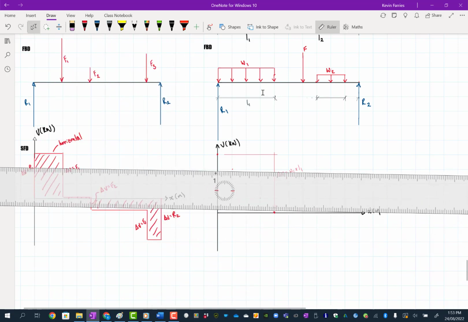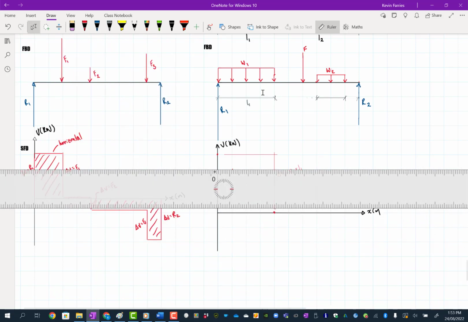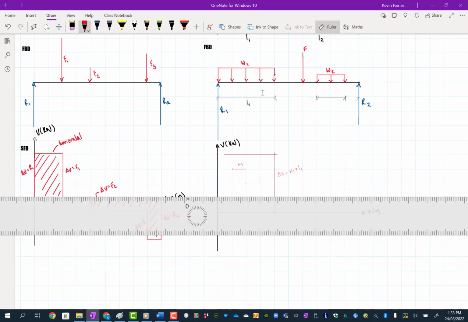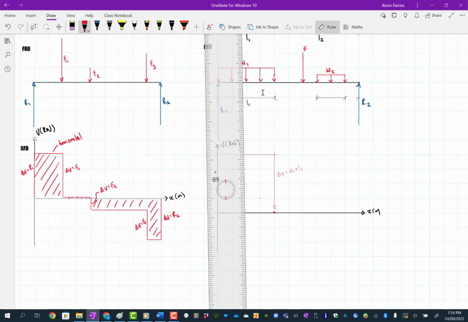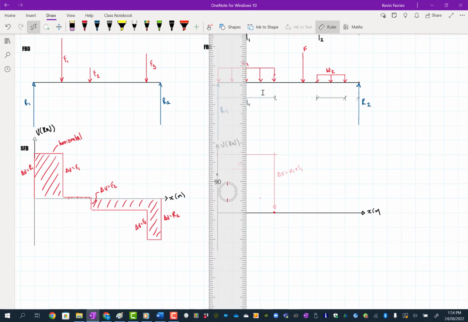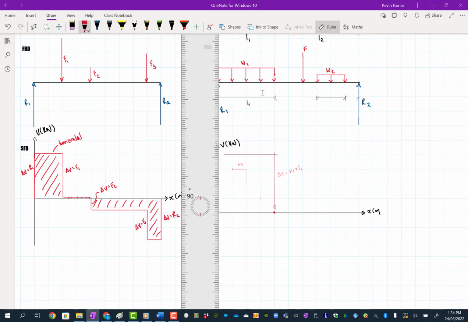Or we can think about it, for every unit length you go along, in our case that's meters, if you go along 1 meter, you must go down W1 kilonewtons, because this is W1 kilonewtons per meter. So if that was 1 kilonewton per meter, for every meter long you have to go down by 1 kilonewton.